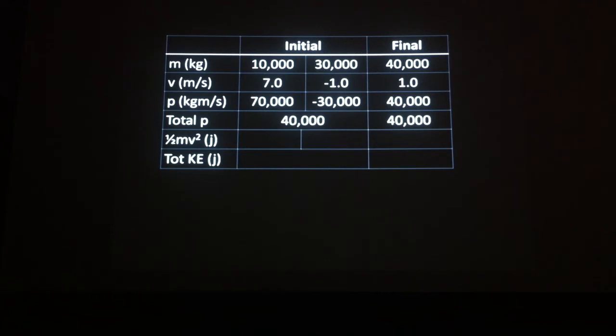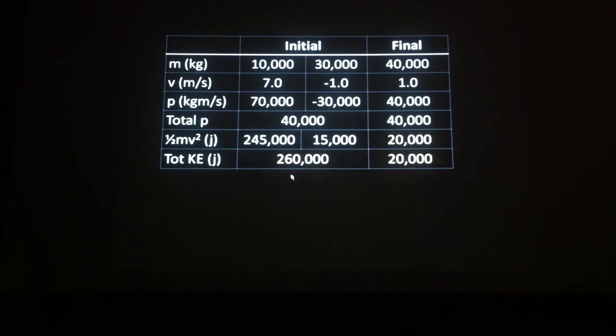Negative 1 squared is simply 1. A negative times a negative is a positive. 1 times 30,000 is 30,000, and half of 30,000 is 15,000. And remember, kinetic energy is not a vector quantity, so we're going to add these two together and get a total kinetic energy of 260,000 joules.